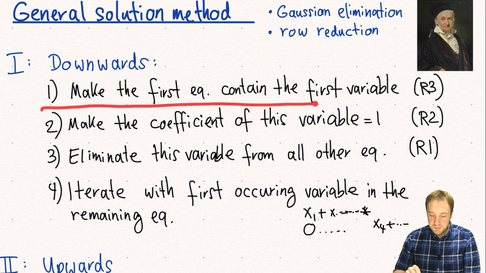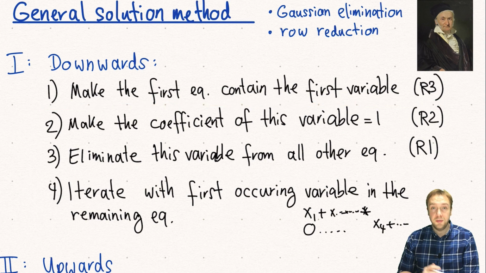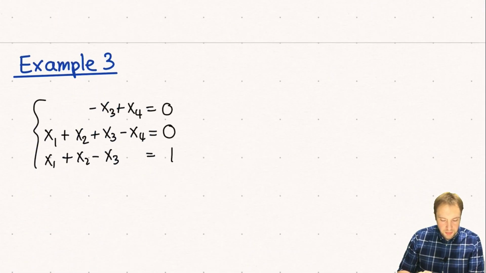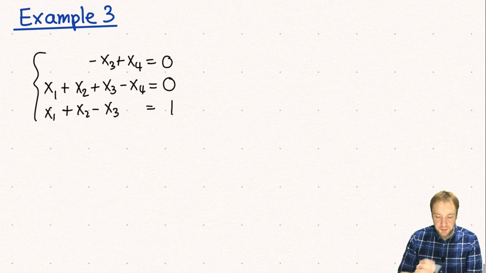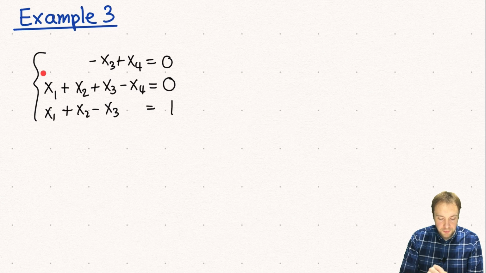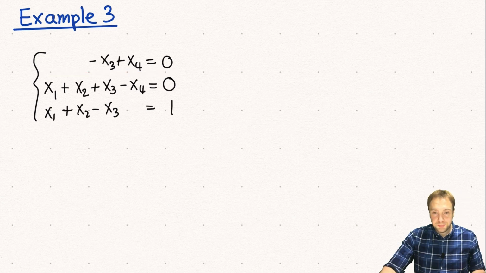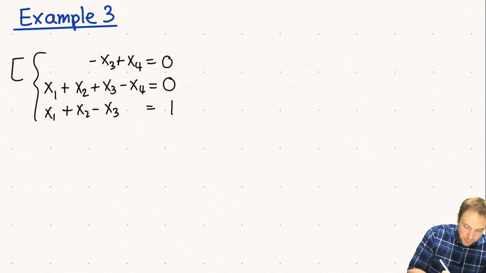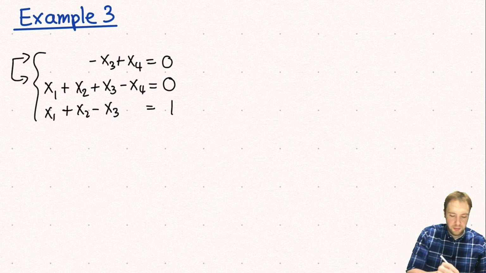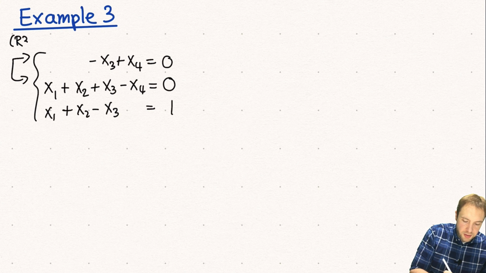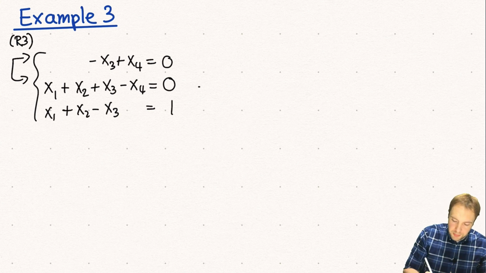So the first step is we want to make sure that the first equation contains the first variable. Well, in this case, this is not the case, because here in the first equation we don't have this x1. So what we want to do here is we want to swap these two equations. So we use row operation R3.